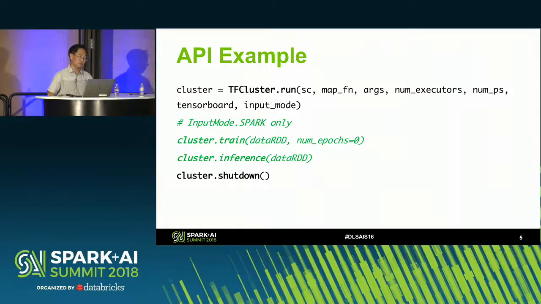Then your arguments from your command line, how many executors you have in your cluster, how many PS nodes you want to carve out of that set, whether or not you want to run TensorBoard, and then your input mode, whether it was TensorFlow or Spark. For the Spark mode, there are two other APIs we have here, train and inference, and the big thing here is that you can pass an RDD into this, and this is what feeds your RDD into your TensorFlow application. And then last but not least, an API to shut down.